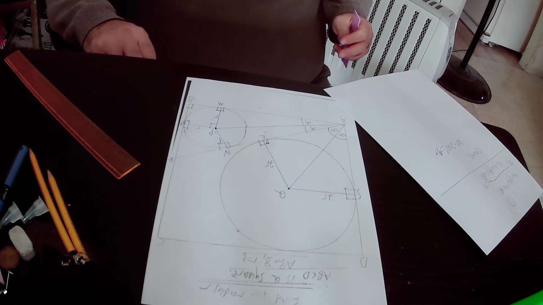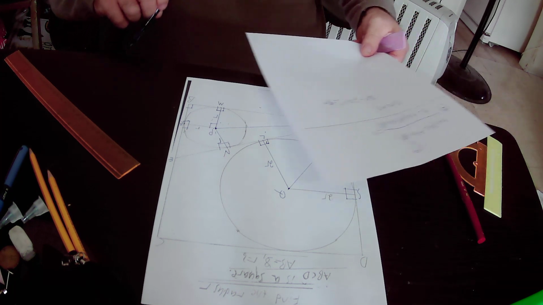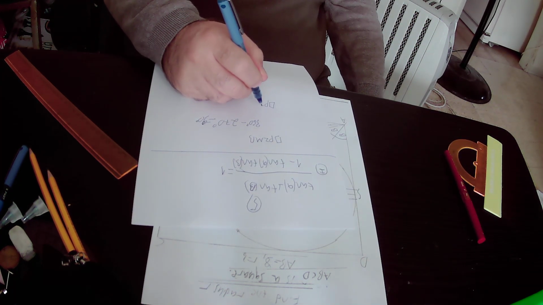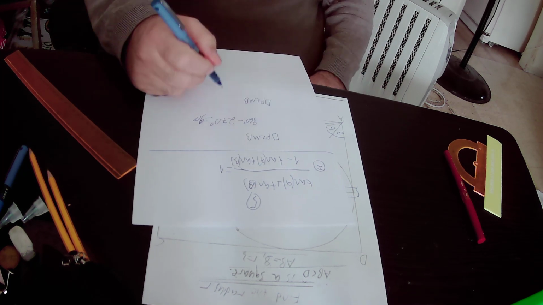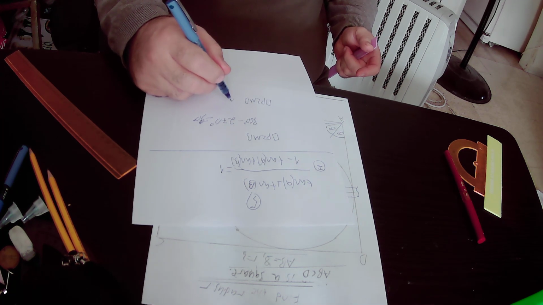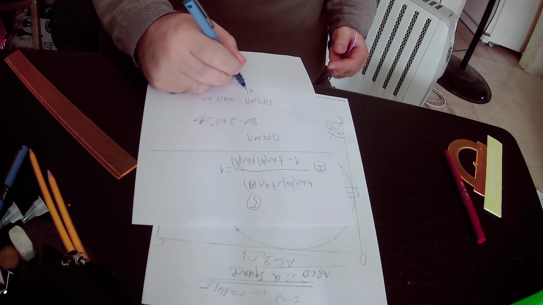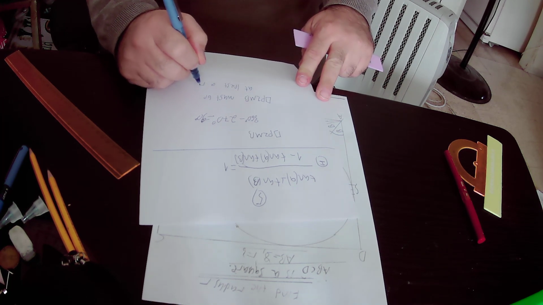So I write it down that quadrilateral PZMB that has four right angles must be at least a rectangle.